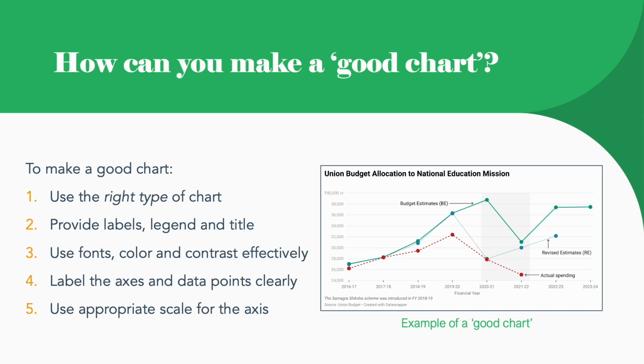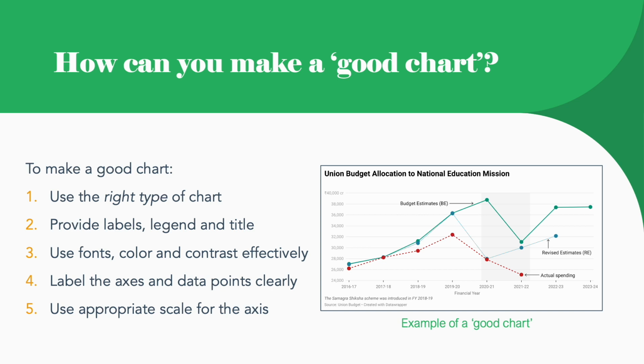To make a good chart, you first have to make sure that you use the right type of chart. What does that mean? We'll talk about that in the next video. And then you must provide labels, legends, and titles, and label the axes and the data points. All of that must be neatly labeled. And you should use fonts, color, and contrast effectively. Not everything should be in the same black and white color.